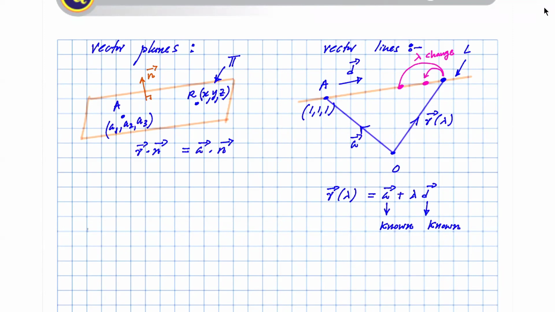This is the vector equation of a plane. Now, if you simplify these vectors using dot product, then you get the Cartesian equation. So then you have two types of equations, Cartesian equation and the vector equation of the plane.